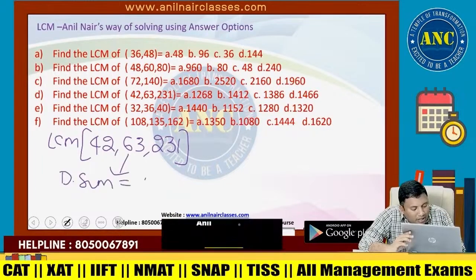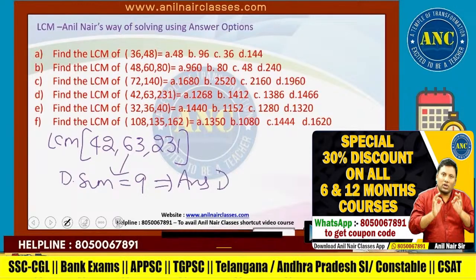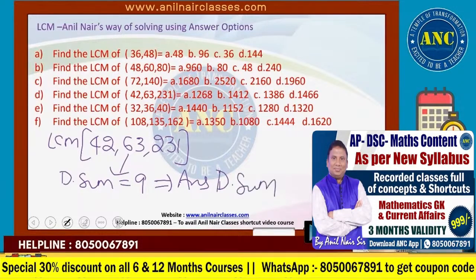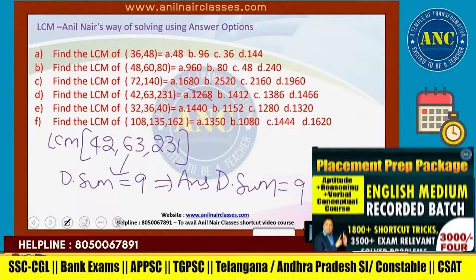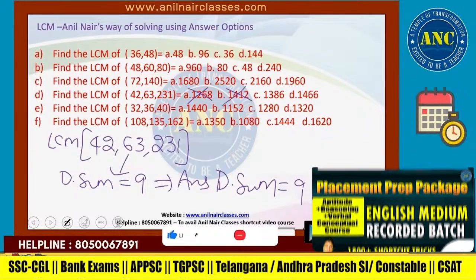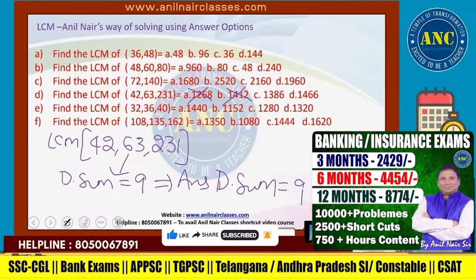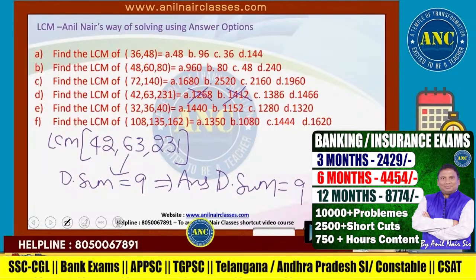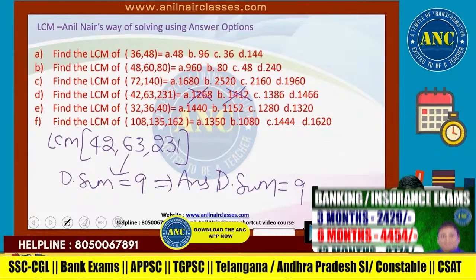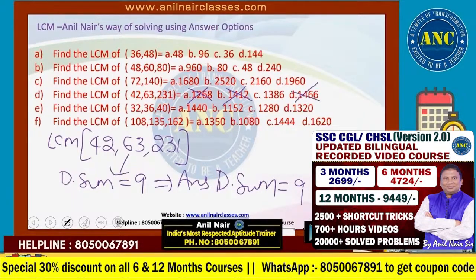If one number's digital sum is 9, the answer's digital sum should be 9. 8 plus, this is 8. 5 plus 6, 6 plus 2, 8. 12 plus 4, 16. 16 plus 1, 17. 17, it is 8. Only one option is giving you digital sum 9.